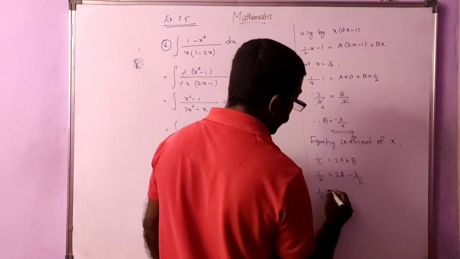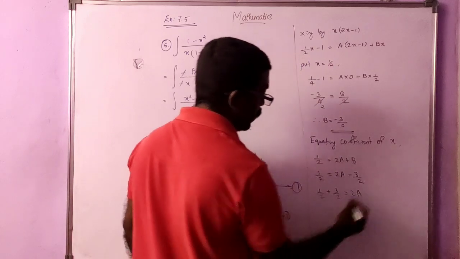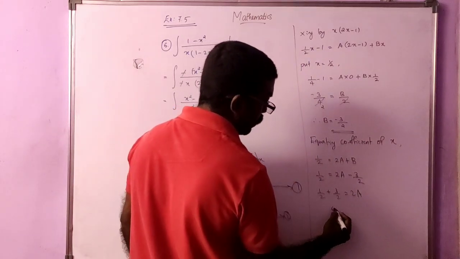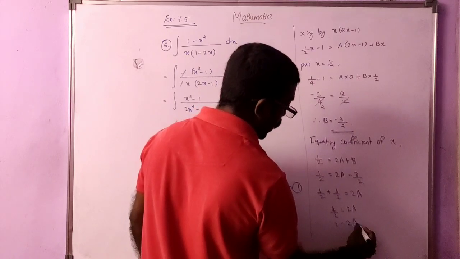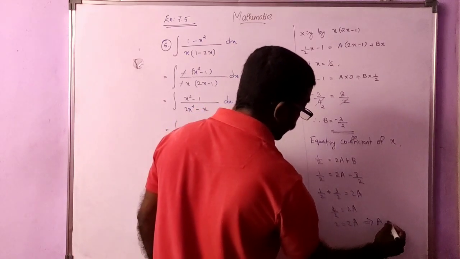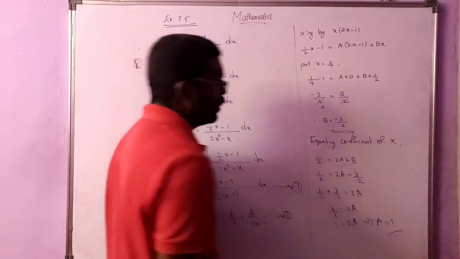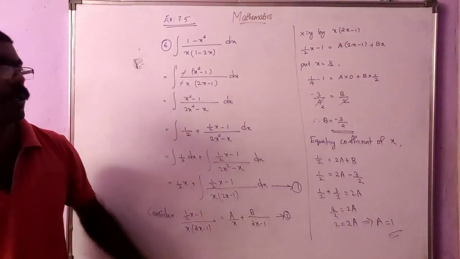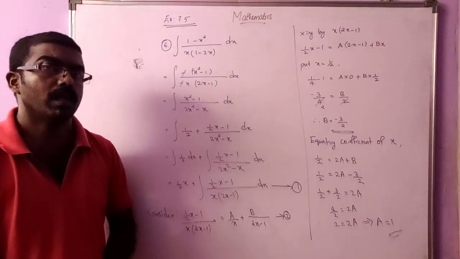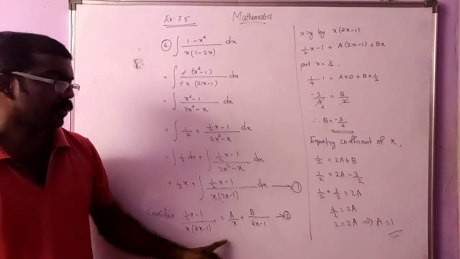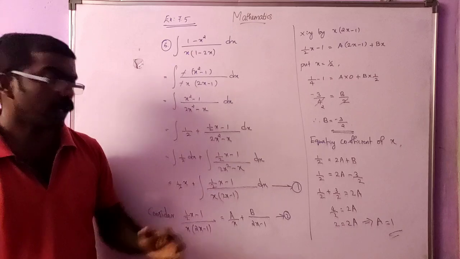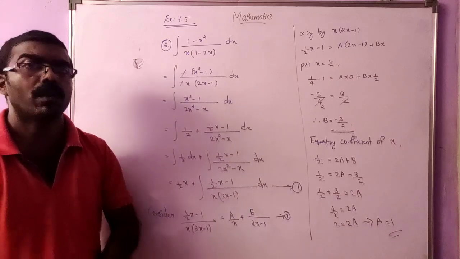Or 1 by 2 plus 3 by 2 is equal to 2a. 4 by 2 is equal to 2a. Or 2 is equal to 2a, which implies a is equal to 1. So the value of a is 1 and the value of b is minus 3 by 2. That two values we can replace in equation number 2. Okay. And then we can replace the value in equation 1.